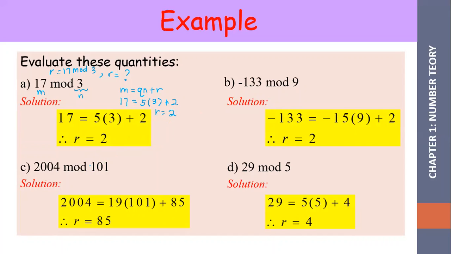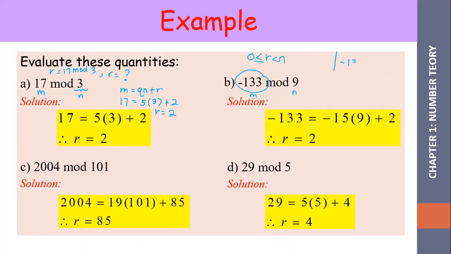Let's see B. Students tend to make a careless mistake here, because you have a negative number. Always bear in mind your remainder should be greater than or equal to 0 and less than n. Here m is negative 133, and n is 9.